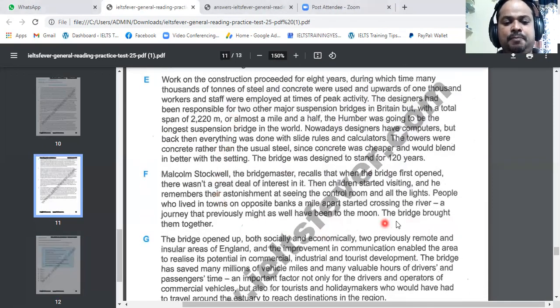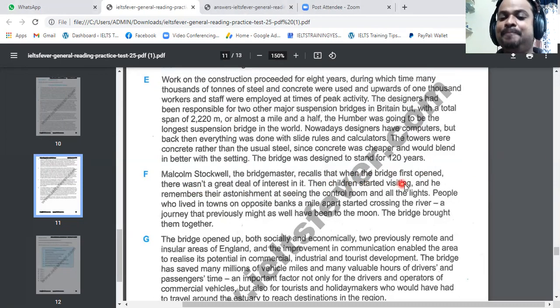Yes, the bridge brought them together. It doesn't mean that it has brought a great deal of development, but it connected them. That's what it means. But we can say that when it was first opened, it was not of a great deal of interest.